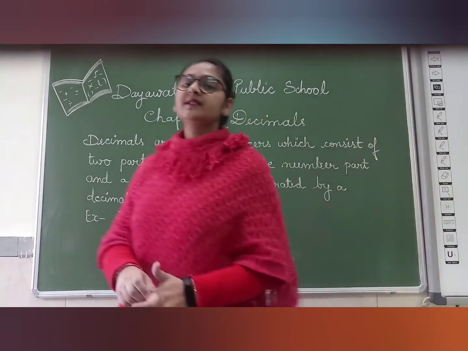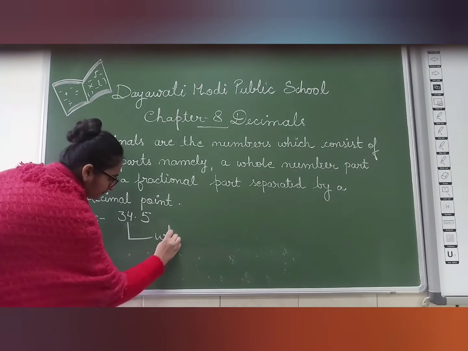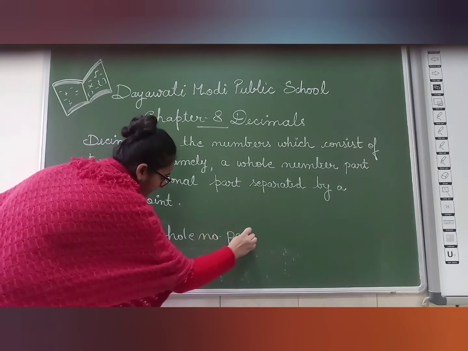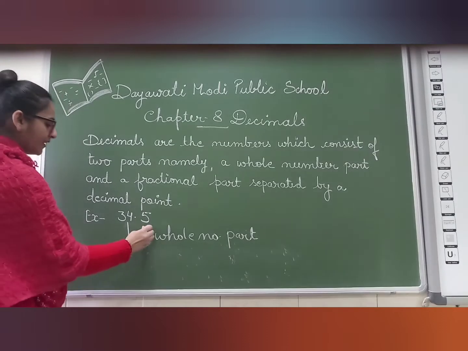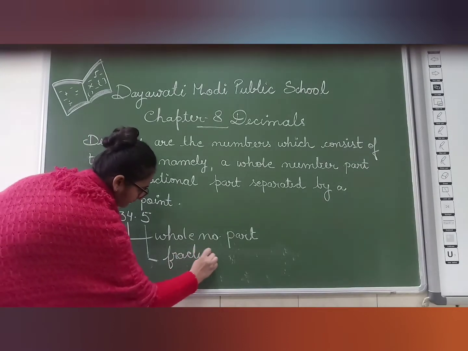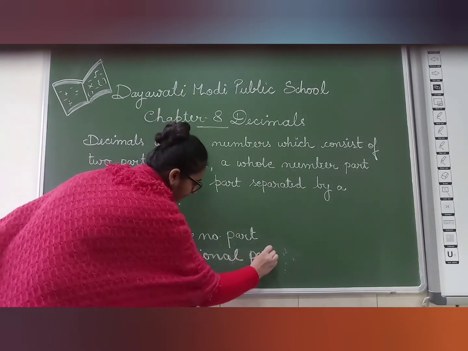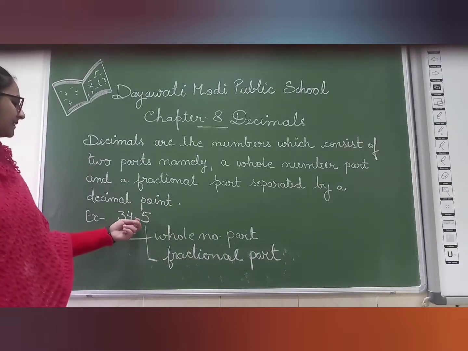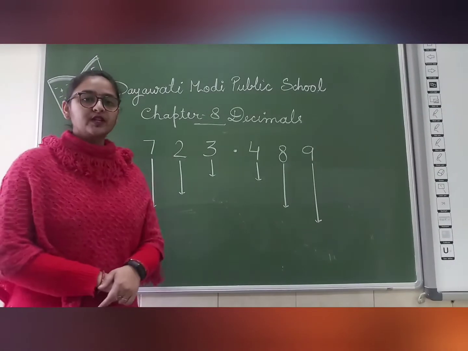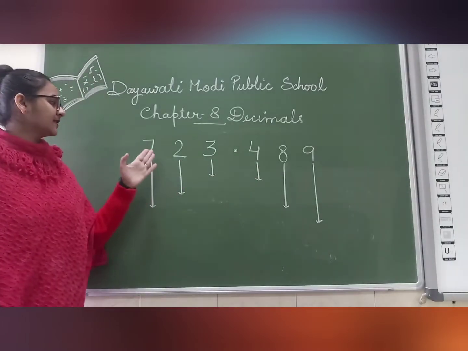Here 34 is your whole number part and the 5 is your fractional part. Decimal point.